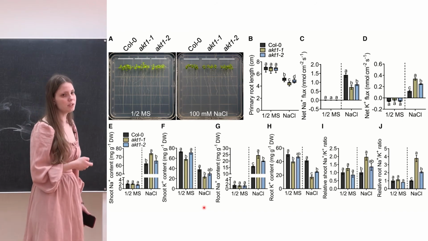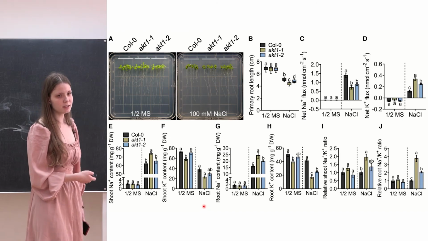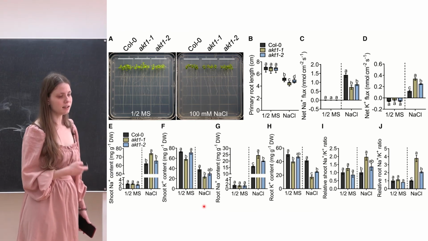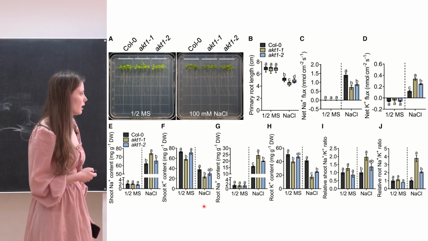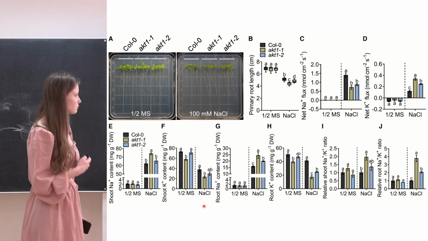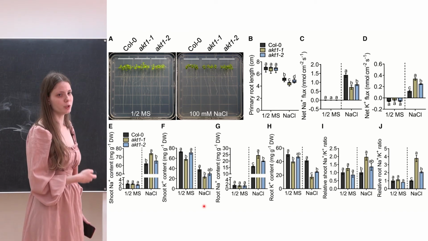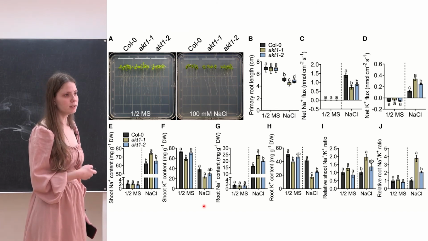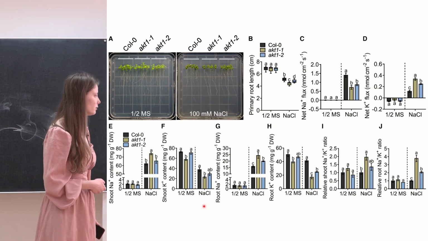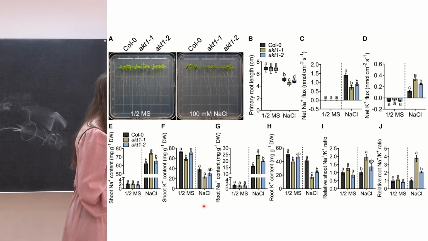На самом деле мы видим те же закономерности в росте и в изменении концентрации натрия и калия и в их соотношении, какие мы видели в результате двойных мутантов по фосфолипазе и мутантов по СОС2, сломанных СОС2 мутантов. И здесь опять же показано, что у мутантов соотношение сильно меняется.